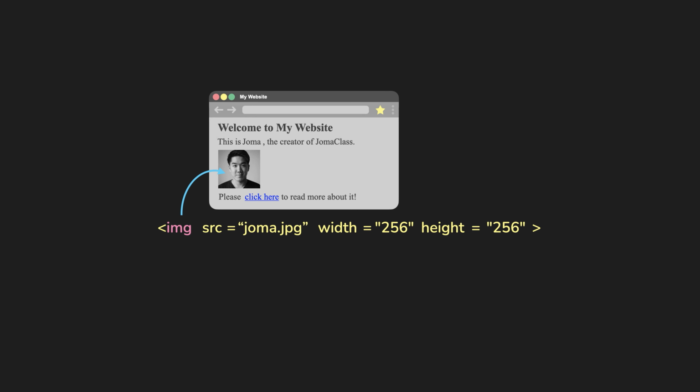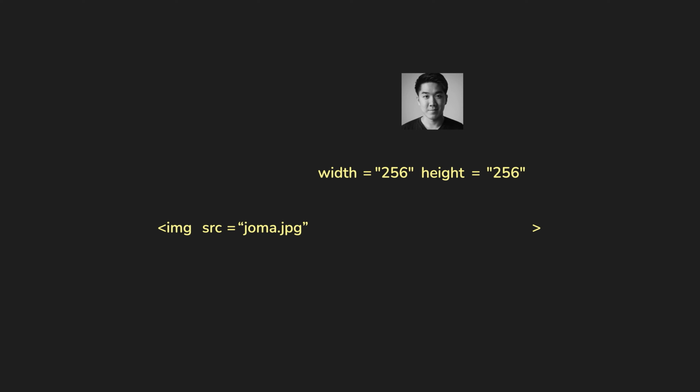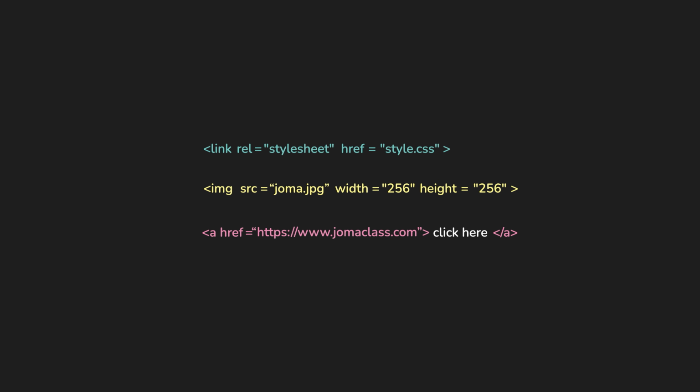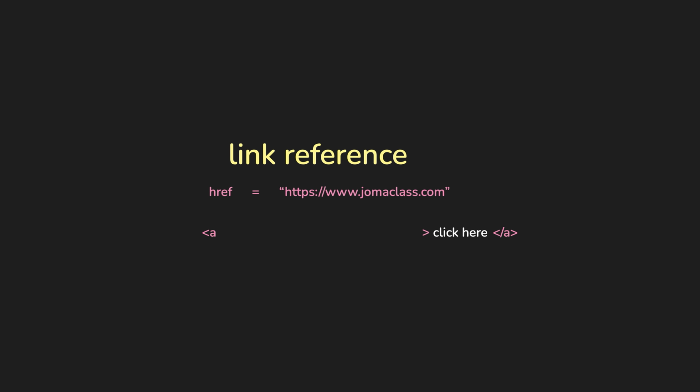We use the src attribute, meaning source, to specify what image file to show, and the width and height attribute specifies the dimension of the image when it's displayed on the browser. On the other hand, the A tag stands for anchor, and it's used to define a hyperlink that you can click on and go to another web page. Its hypertext reference attribute, href, tells the browser where to go when the hyperlink is clicked.